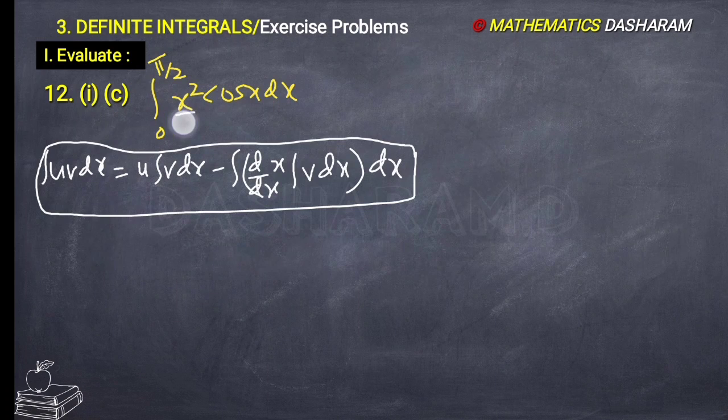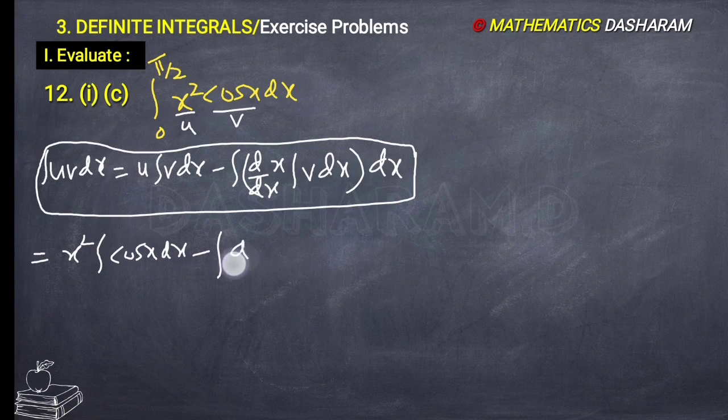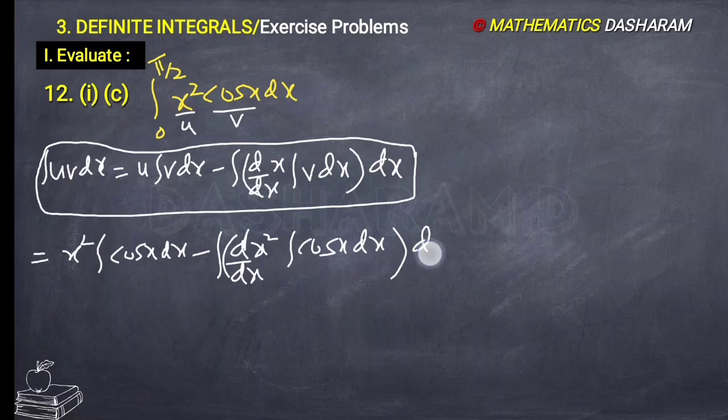Here x square is u, cos x is v, so it is equal to x square into integration cos x dx minus integration of d by dx of x square into integration cos x dx, all dx.